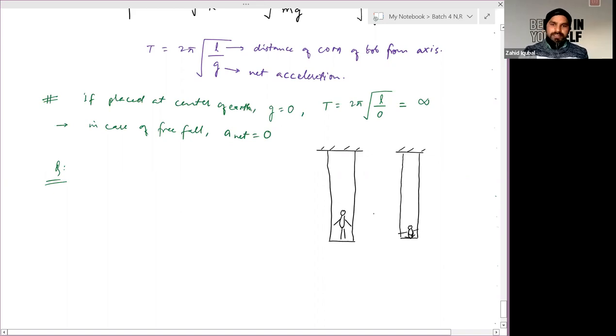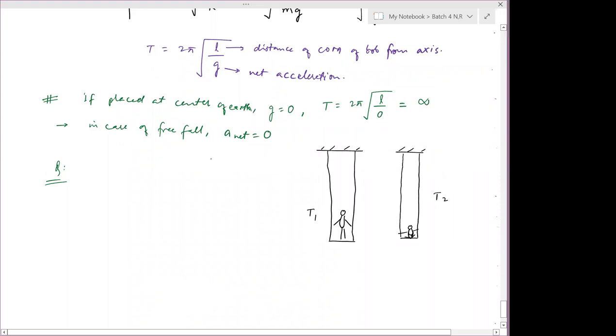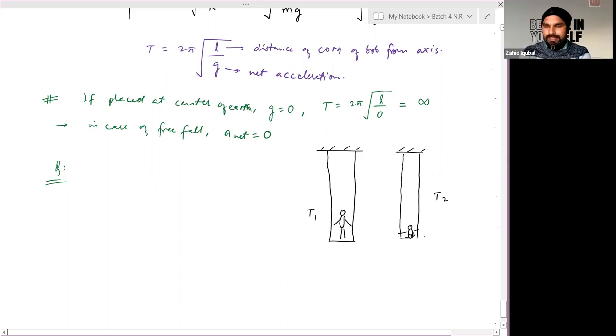How will the time periods in these two cases be related? Let's say the time period of this is T1 and the time period of this is T2. Will there be any change in time period in these two situations? So the boy is on a swing. First he is standing and second he is sitting. How will the time periods in these two cases be related to one another?